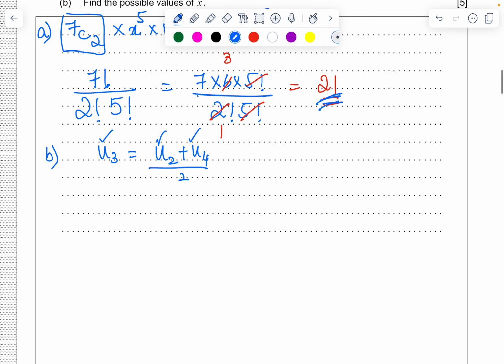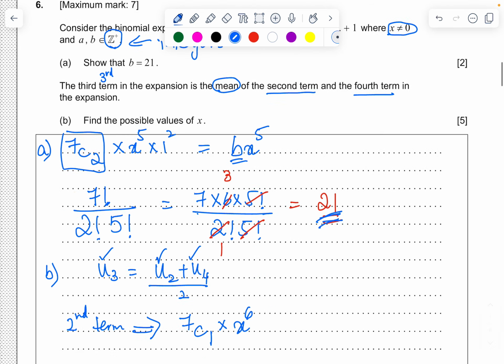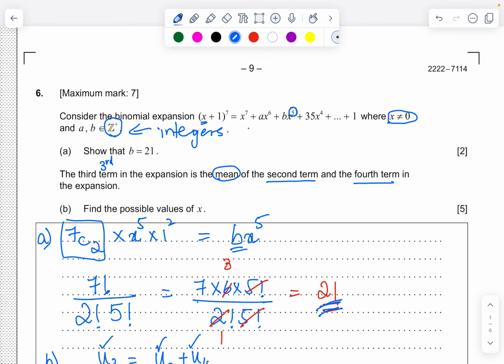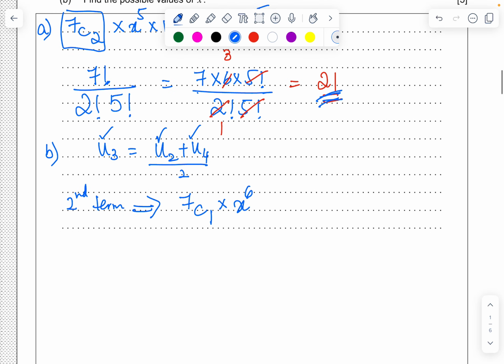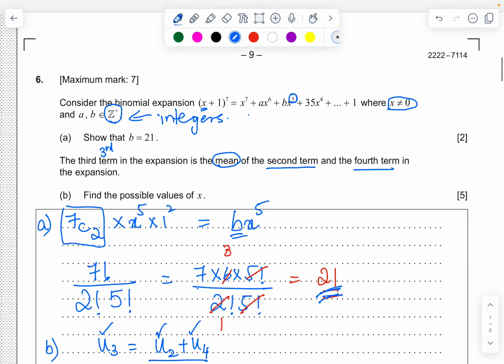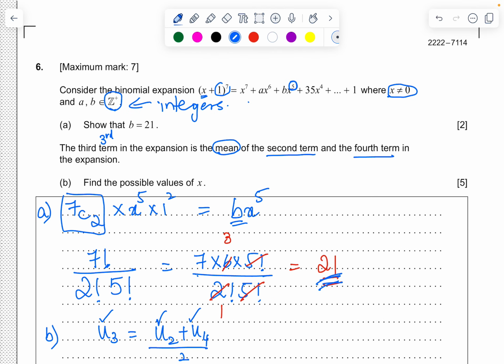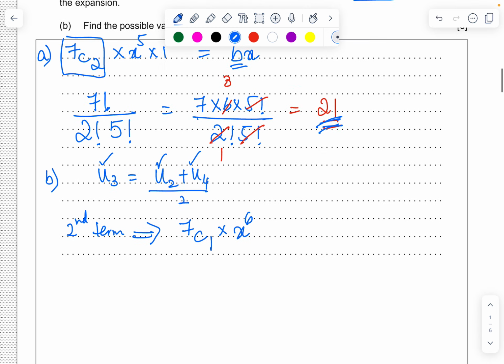How do I write the second term? I'm going to write the second term as 7C1 times x to the power of 6, because the first term is 7C0, the second term is 7C1. I'm just ignoring the 1, because 1 to the power of anything will give us 1.